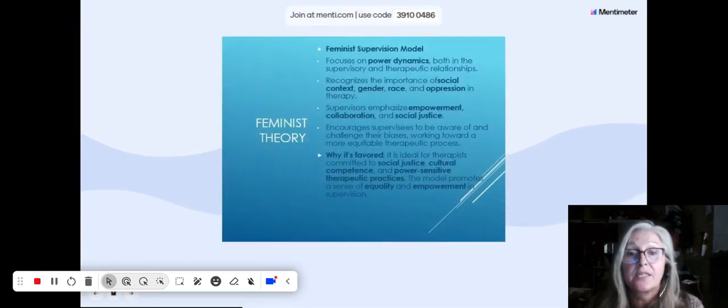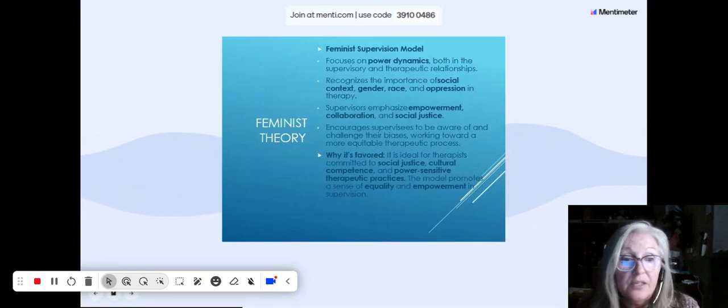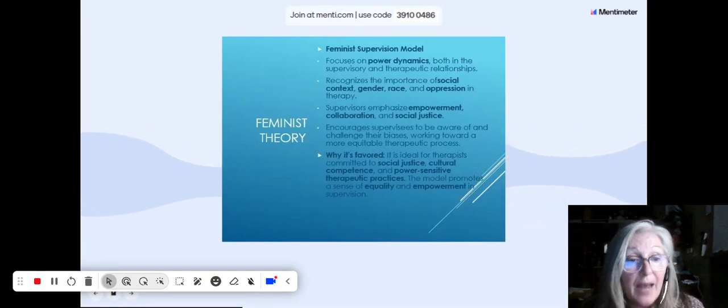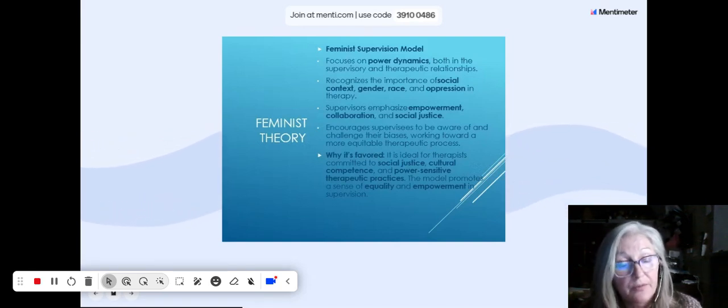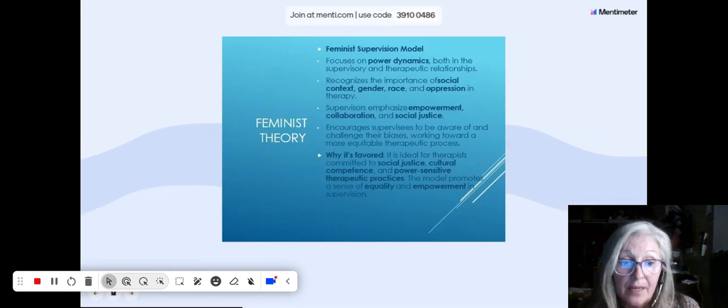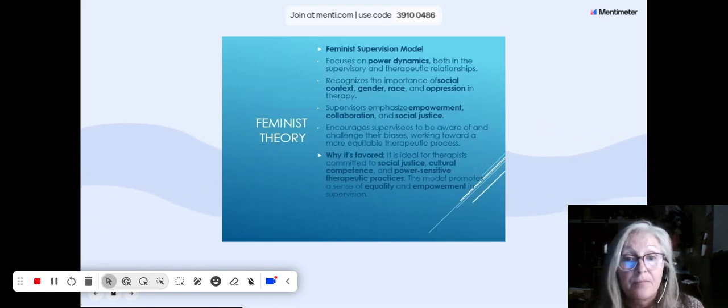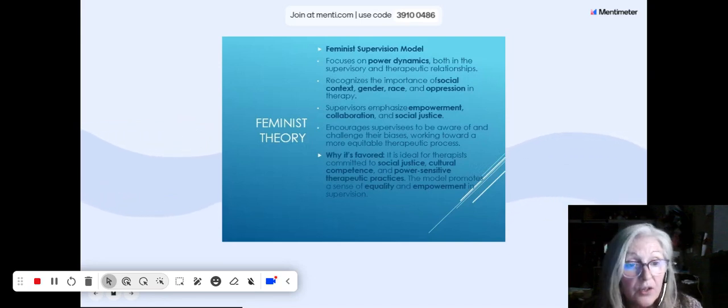Next, we have the feminist theory. The feminist theory is very much focused on power and power imbalances. It works really hard in clinical supervision not to have a power imbalance and to be equal to each other.